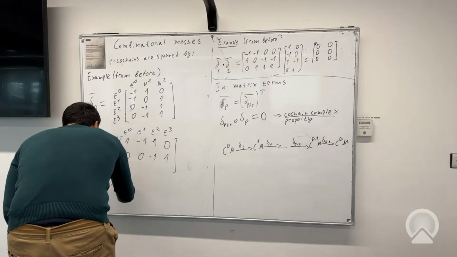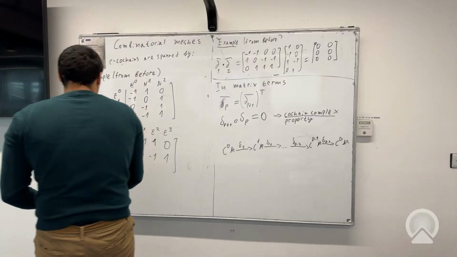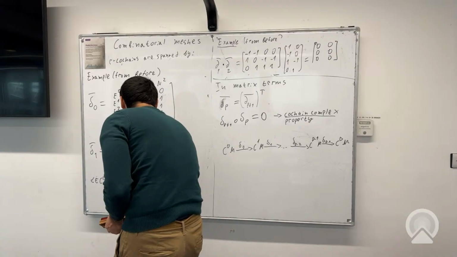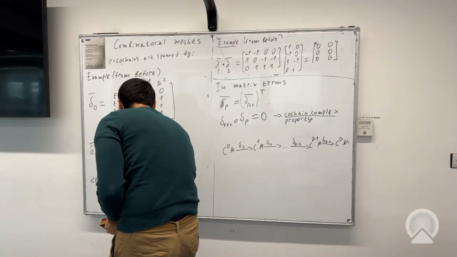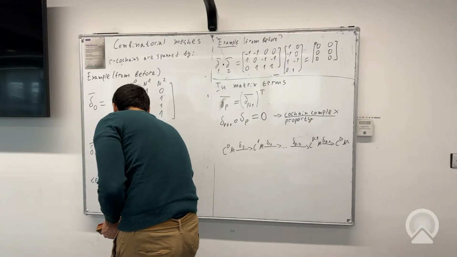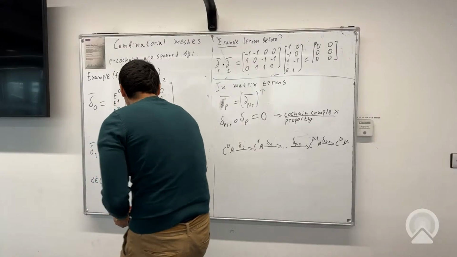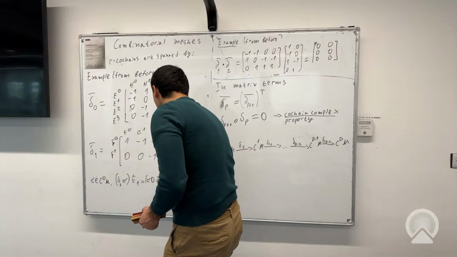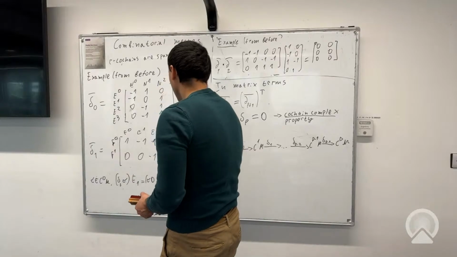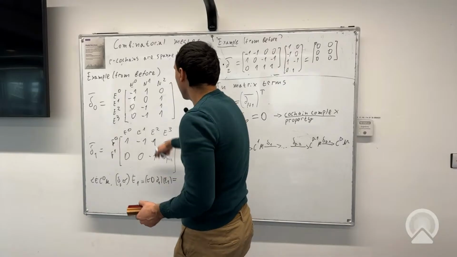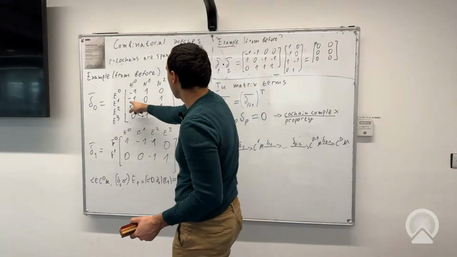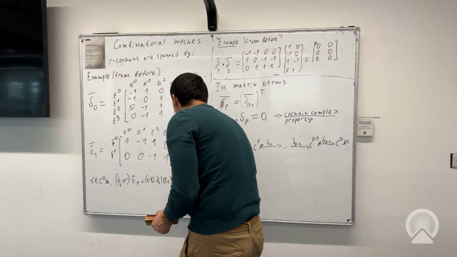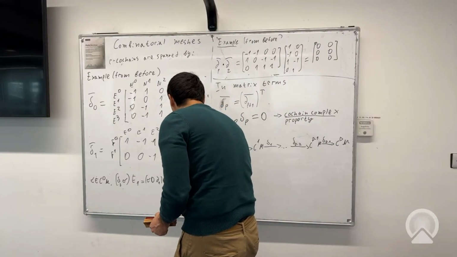So delta sigma applied at some one, for example E1, will be sigma composed with delta 0, sigma composed with delta 1 of E1. And delta 1 of E1 is N2 minus N0. So this will be sigma of N2 minus sigma of N0.